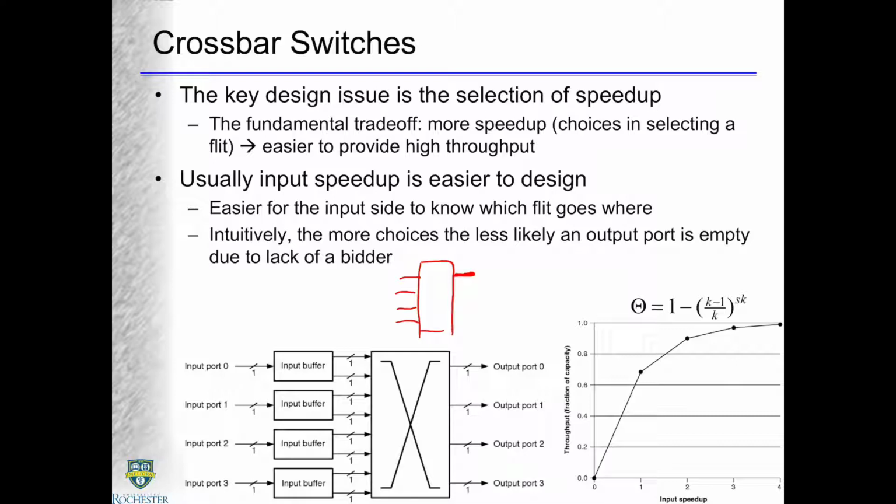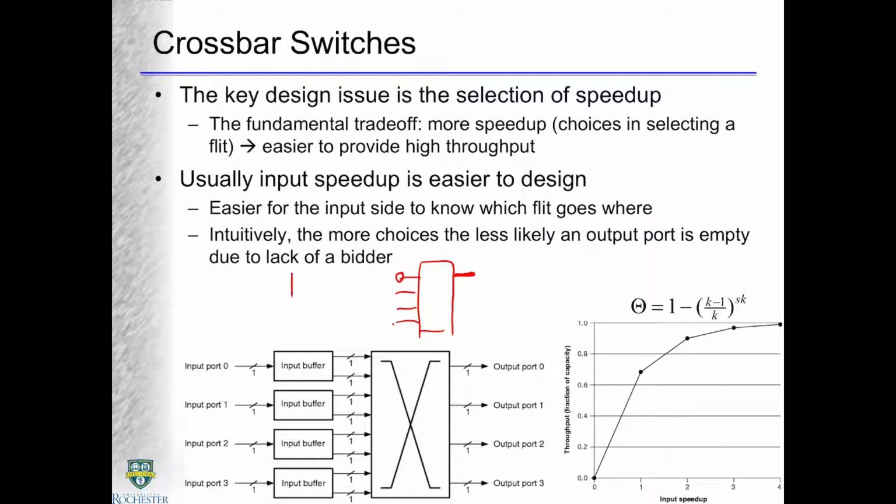that nobody wants to send me anything? Well, there are 4 nodes. Okay, let's say I have k input ports, and I take a look at this particular input port. Where can he go? What's the chance of him not wanting to send me anything?